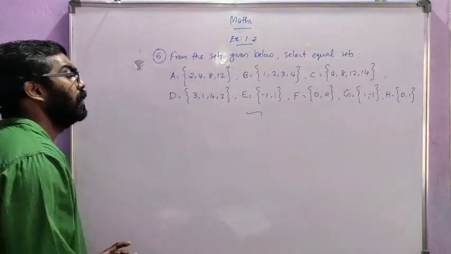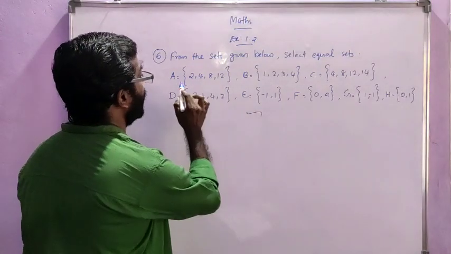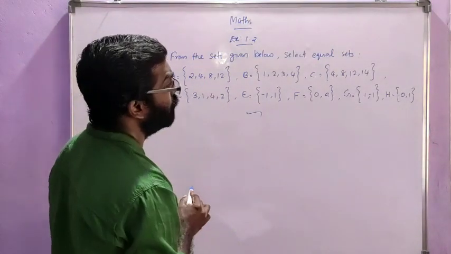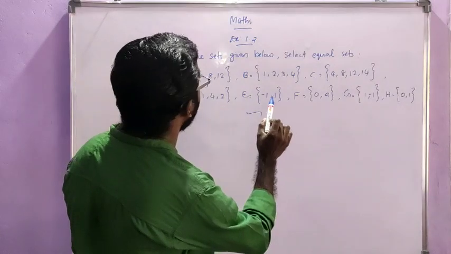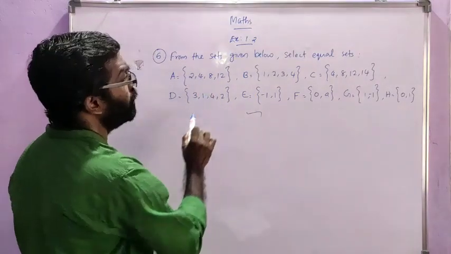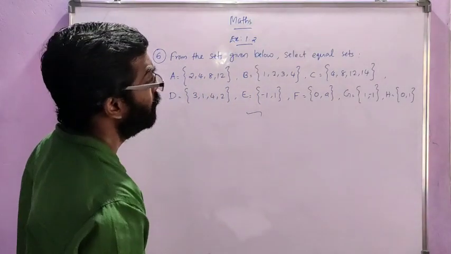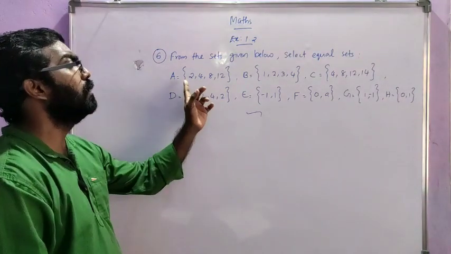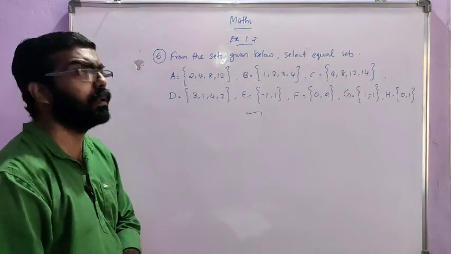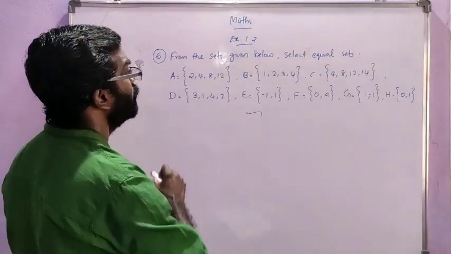So I can compare each and every set. First A is {2, 4, 8, 12}. Is there any set which contain exactly these four elements 2, 4, 8, 12? No, there is no set with 2, 4, 8, 12. Okay. So we can leave it.